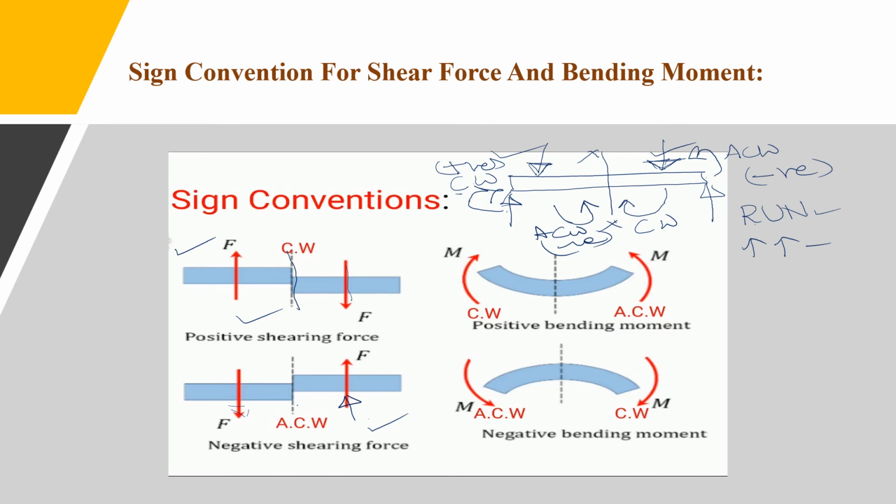Now coming to the bending moment. Here, the beam will be deflected due to the external load. This is the clockwise moment and this is the anti-clockwise moment.